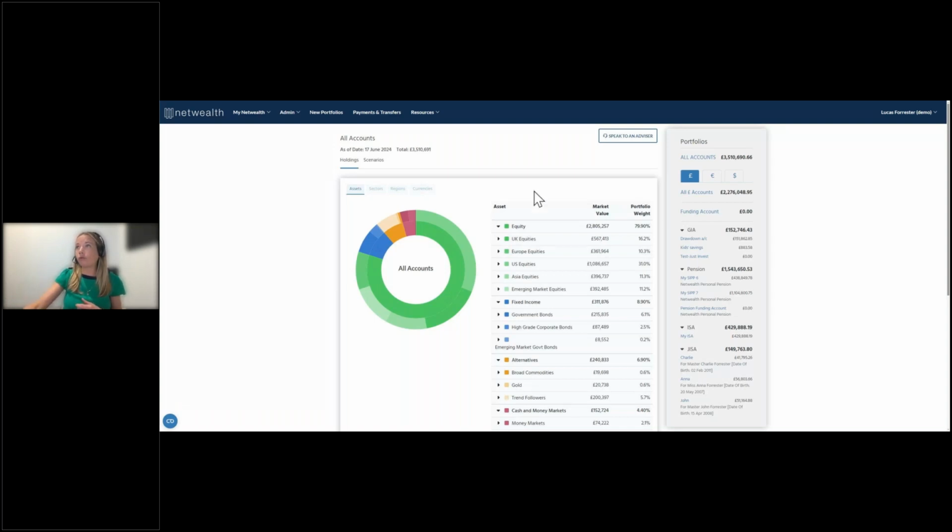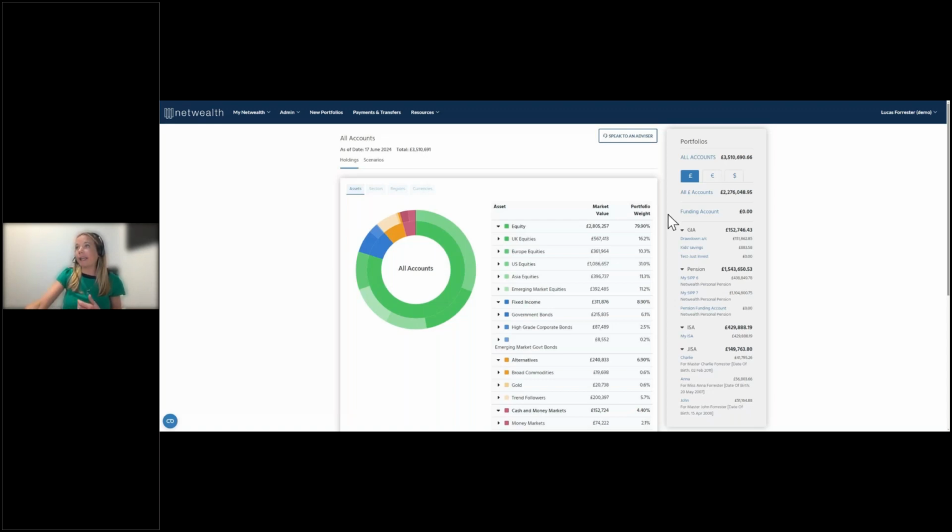So if I just draw your attention to the right-hand side, you can see here that this client has sterling-based portfolios, euros, and US dollar-based portfolios. So we offer these portfolios in 3 different base currencies. I'm going to focus on sterling today, but again, in the one-to-one sessions, we'd be very happy to provide further information around the other base currency offerings as well.